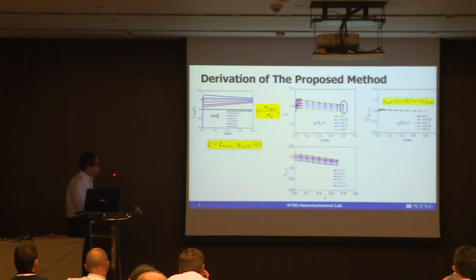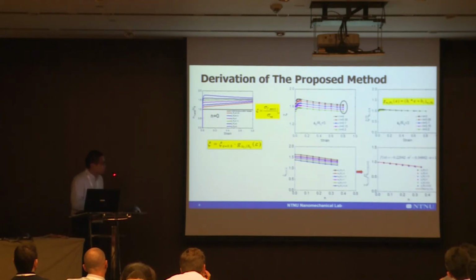And if we take the value for the perfectly plastic material as a reference, and all the data on this curve is normalized by the value for the perfectly plastic material, we can see that after the normalization, these curves in this figure collapse into one, which can be fitted by a second order polynomial function.